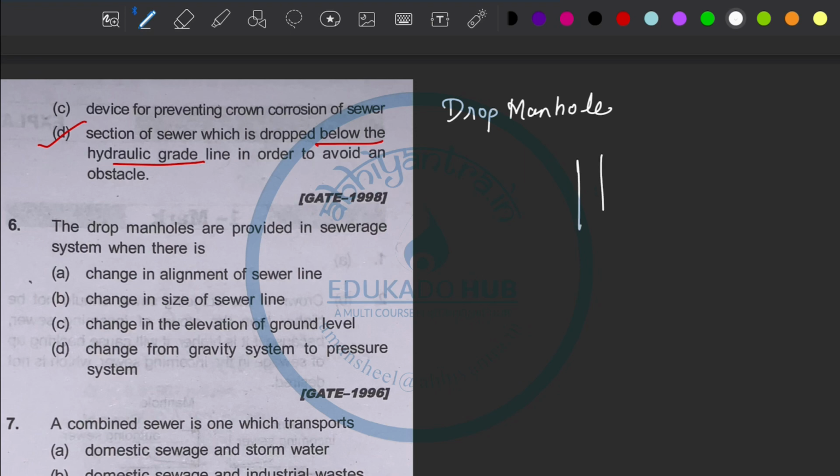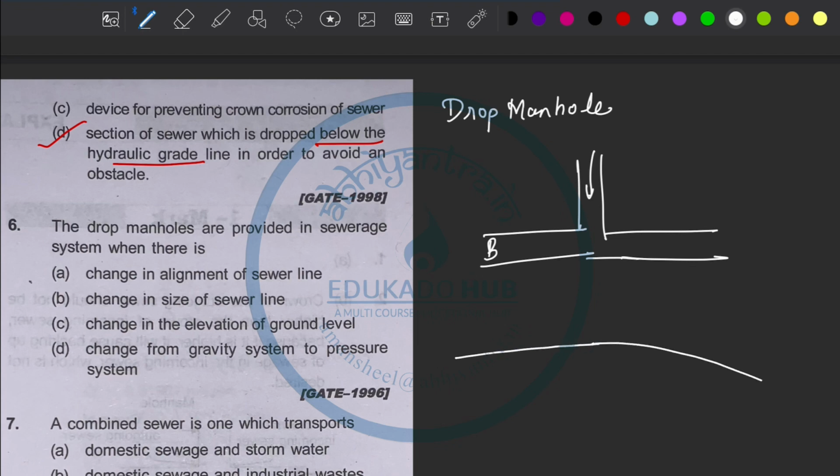Why do they provide drop manholes? They are basically provided when there is a change in elevation of the ground. If this is plain ground and the elevation changes, they put a drop manhole for future inspection to check that everything is going properly.